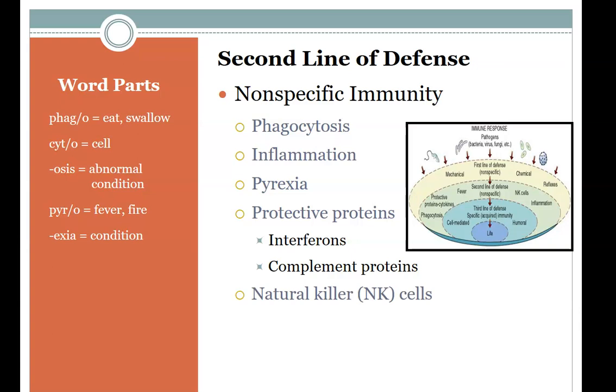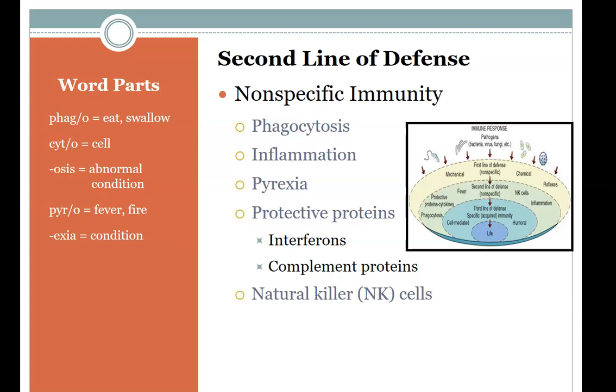Protective proteins, with interferon disrupting viral replication. Complement proteins are inactive forms that are activated in the presence of bacteria to destroy an organism. The natural killer cells are a specific type of lymphocyte that acts nonspecifically to kill cells infected by certain viruses and cancer cells.